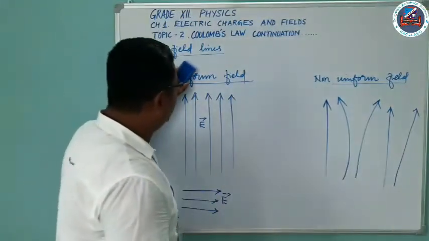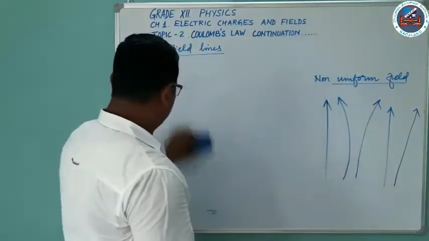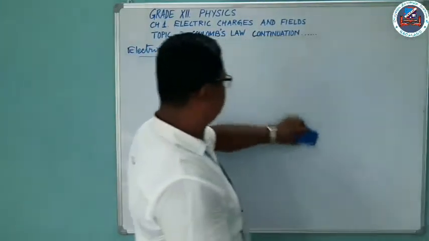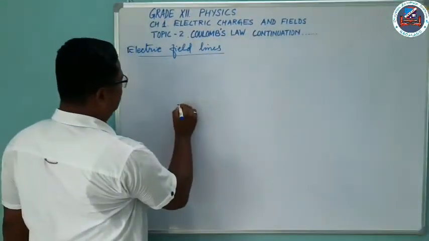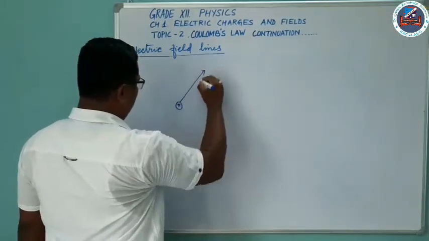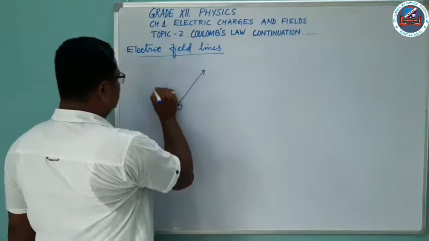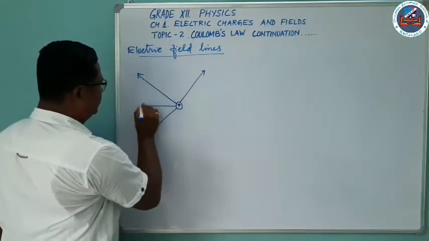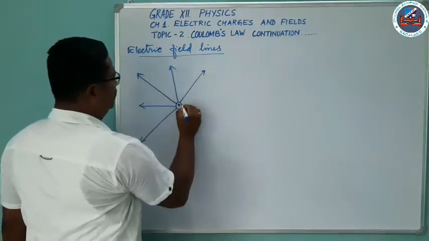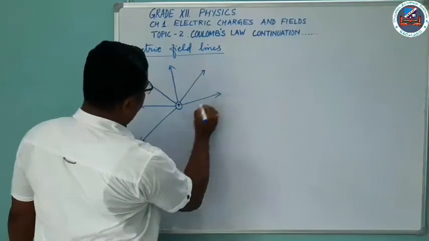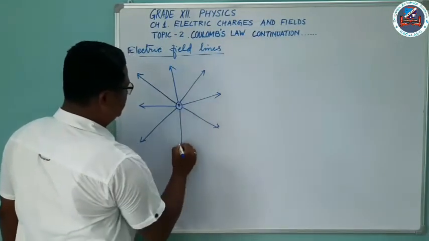These field lines, for a positive charge: if your charge is a positive charge, the field lines go away from the positive charge radially. It is three-dimensional.